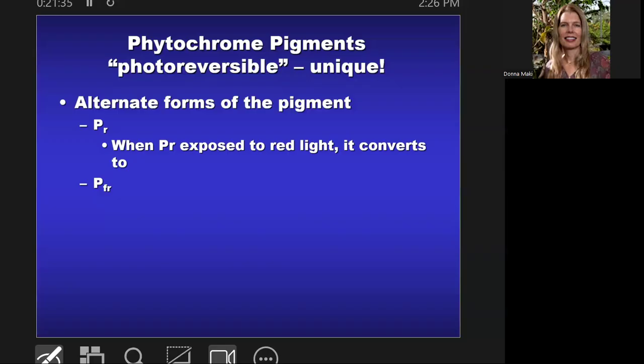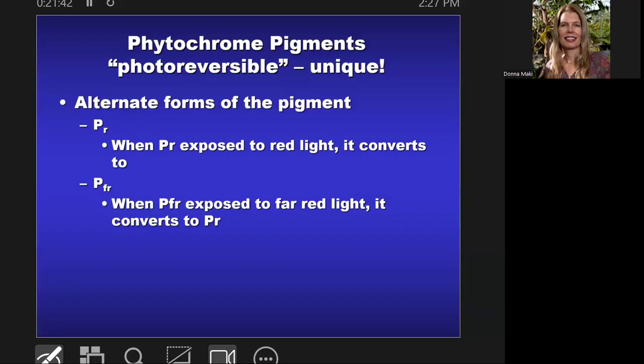So if you have some of this pigment and you hit it with far red light, it can understand that and it starts to change its shape back to the P sub R form. So it keeps toggling back and forth, P sub R, P sub FR, depending on what quality of light. P sub R means it's the pigment that can really respond to red light. P sub FR means it can really respond to far red. And when I say respond, I mean change its shape back and forth. It's kind of weird.